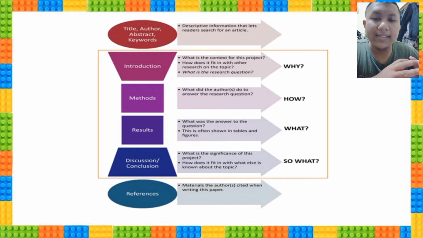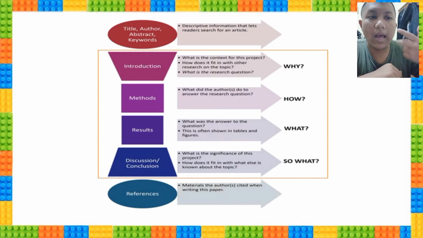Before we analyze the parts of an article, we should know firstly what the parts of the article are. The first things we should know are the title, author, abstract, and keyword.